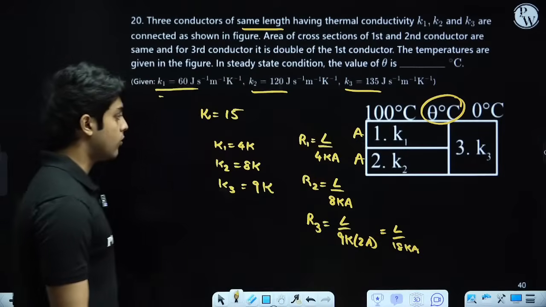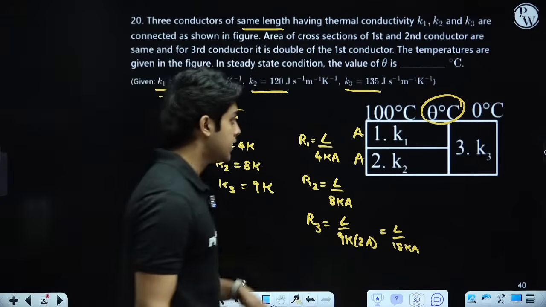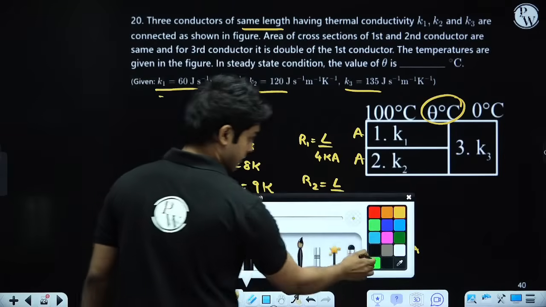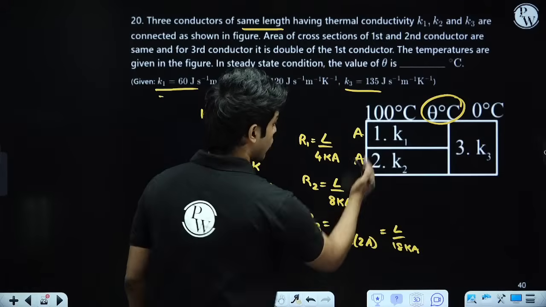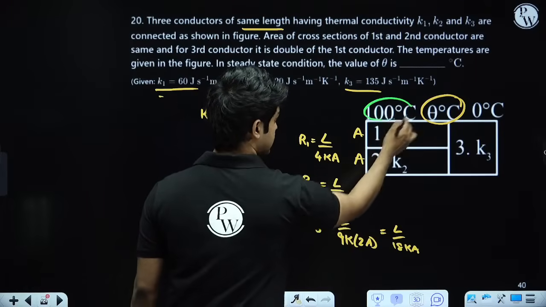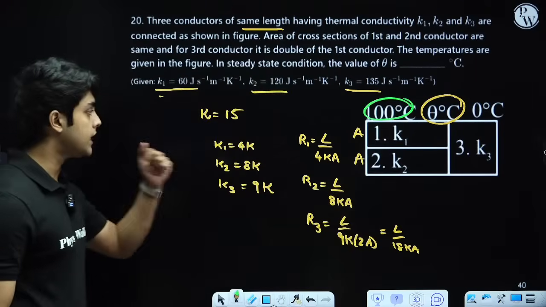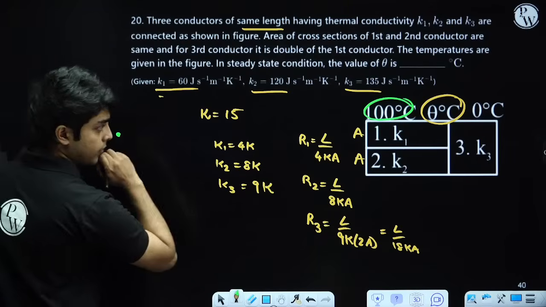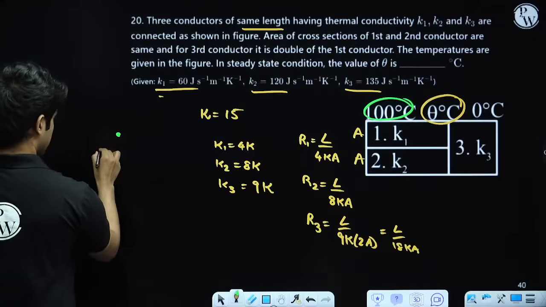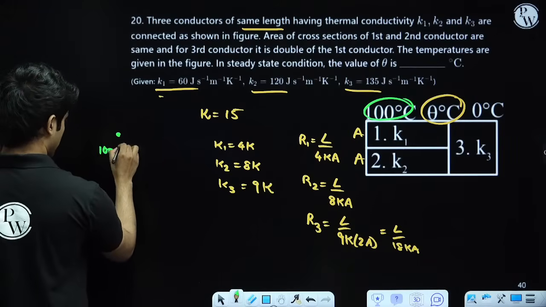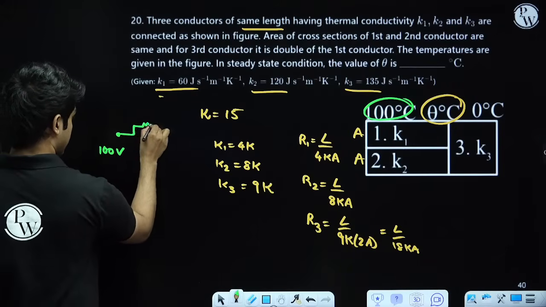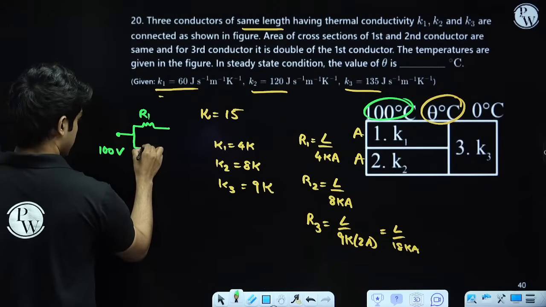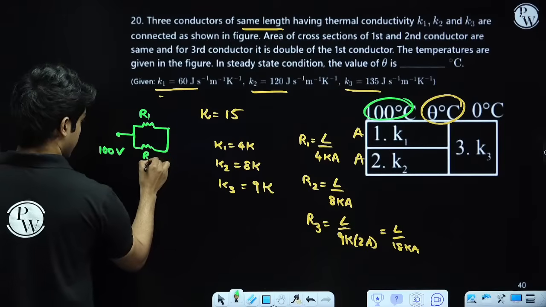Once we have the thermal resistances, we can convert this into an Ohm's law problem, basically a circuit problem. At the left end we have 100 degrees Celsius, so we can treat it as a 100 volt terminal or node. Then we connect two resistances, thermal resistance 1 and thermal resistance 2. They are in parallel. Why?